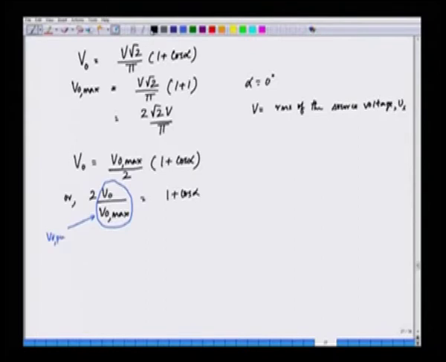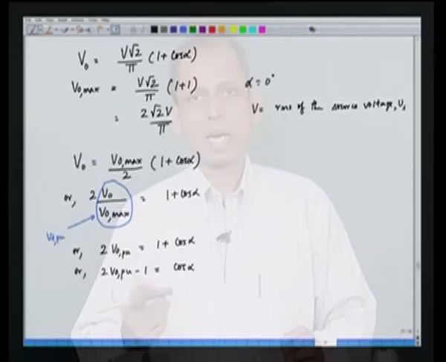So, we will rewrite this expression as 2 into V naught per unit is equal to 1 plus cos alpha, or 2 V naught per unit minus 1 is equal to cos alpha. So, we are trying to have a relationship between the per unit output voltage and the reactive power.